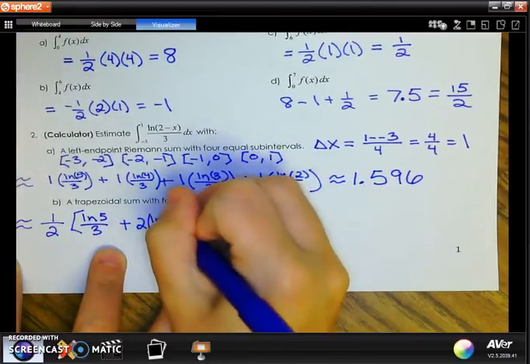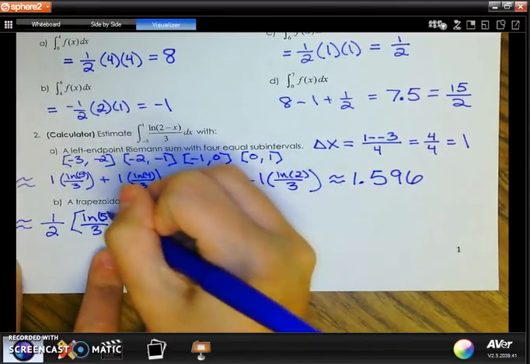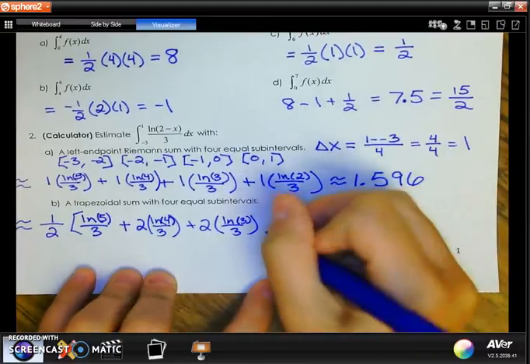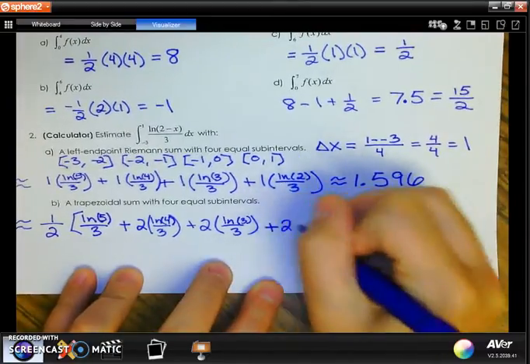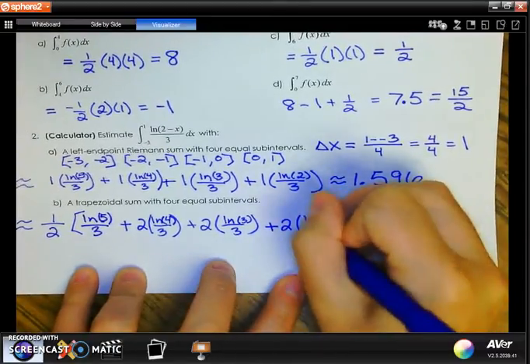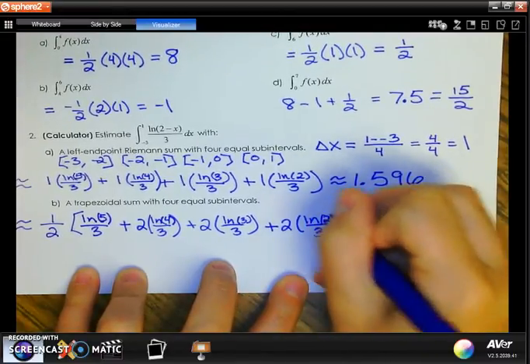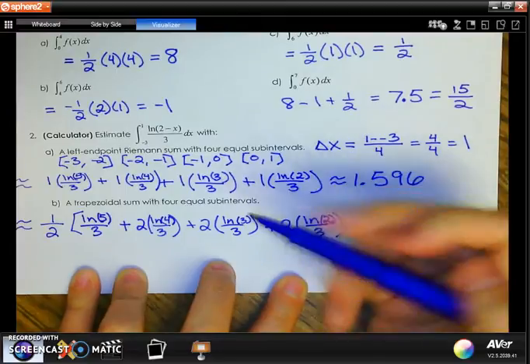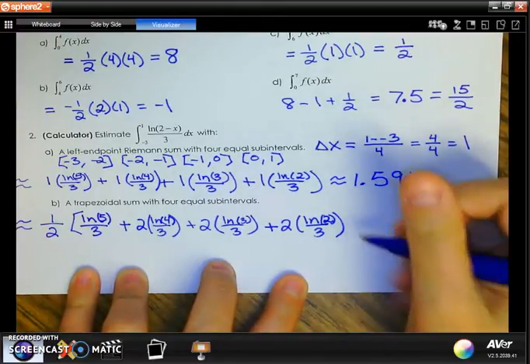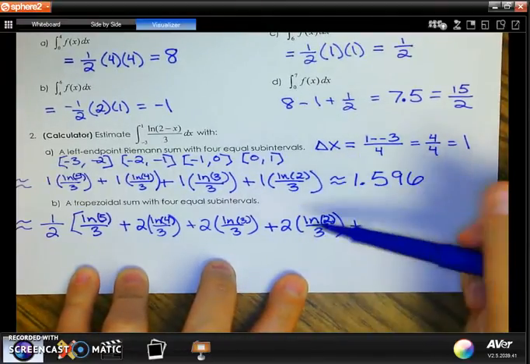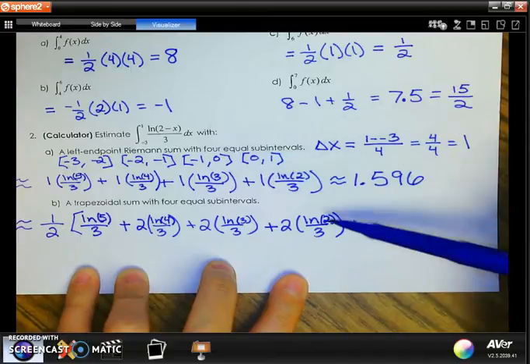and again, when you're using your calculator, you're going to want to double up these parentheses there to make sure you're good, plus 2 times ln of 2 over 3, okay, so let's see, that's 4, and I should have one more plus the very last one, right, because when I plugged in 0, that gave me the 2.